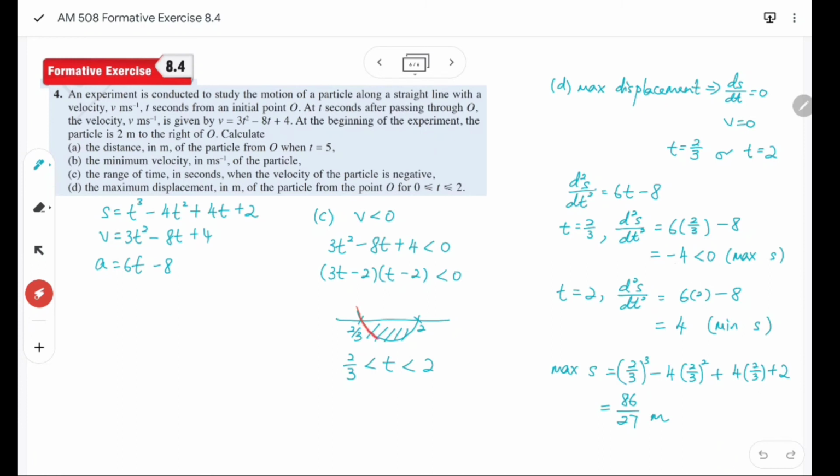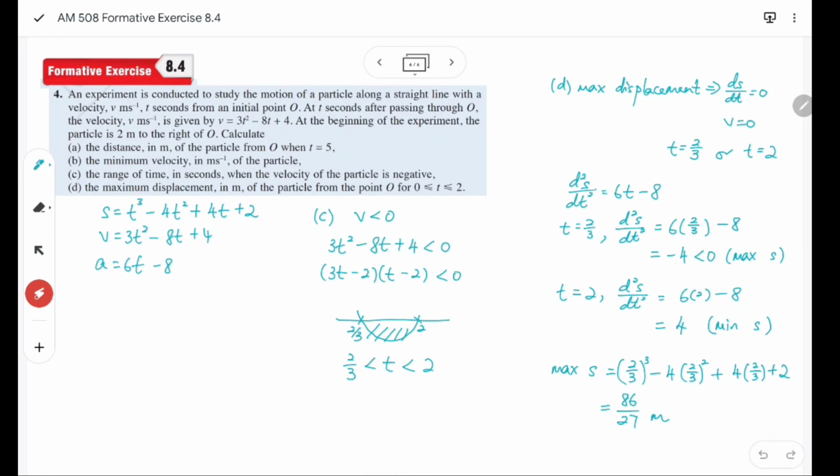By sketching the graph of 3t squared minus 8t plus 4 with respect to the t-axis, our roots are 2 over 3 and 2. The negative part, where the function is less than 0, will be in the middle. Therefore, t is between 2 over 3 seconds and 2 seconds.